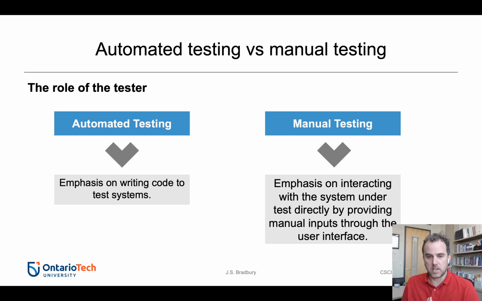Manual testing, on the other hand, the emphasis is not on the tester being a developer in terms of writing code and writing test systems, but instead on interacting with the system under test by providing manual inputs through the user interface. So it's a little bit different here, right? You're not creating software to run tests. You're actually manually giving inputs through the interface to test the system.